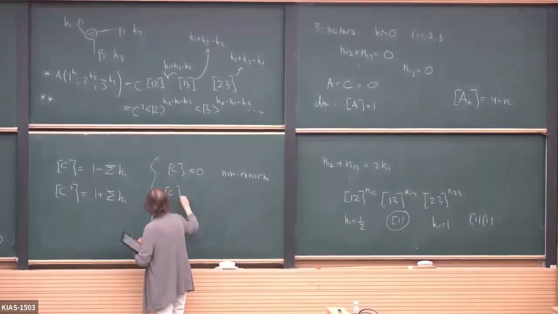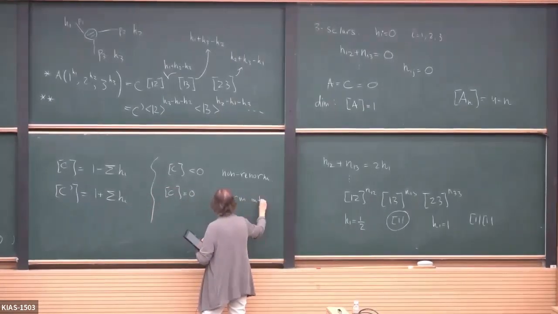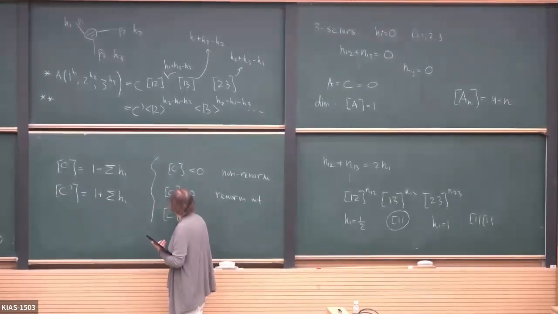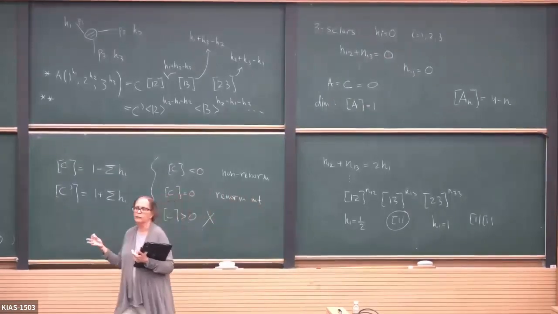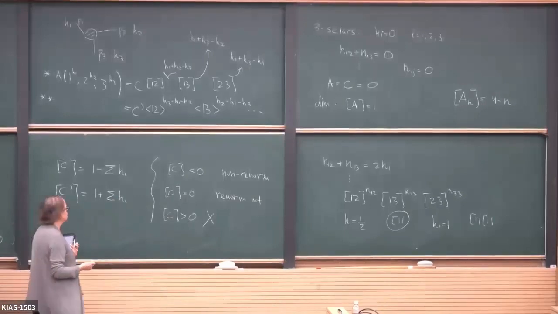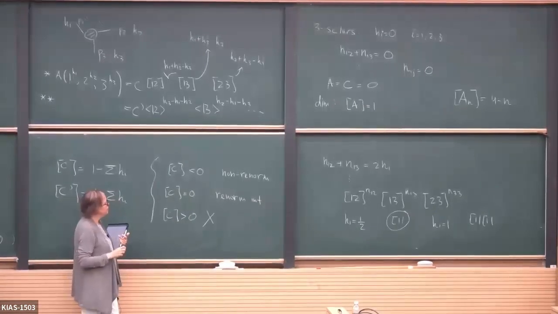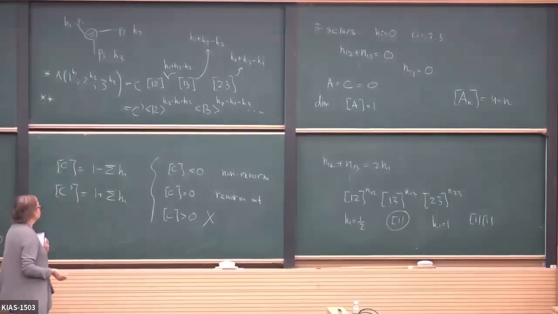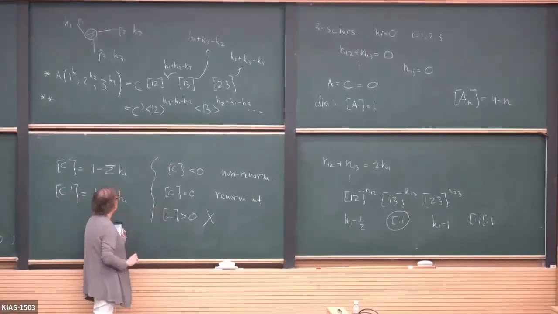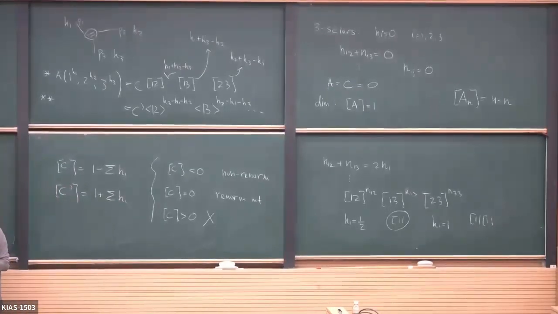And if C is 0, it means that it's a renormalizable interaction. But if C is bigger than 0, we don't know what to do with it, because again, there's no mass scale in the problem. So we can't get a coupling that has positive mass dimension if we're working with a local theory. So only this thing or this thing is allowed.